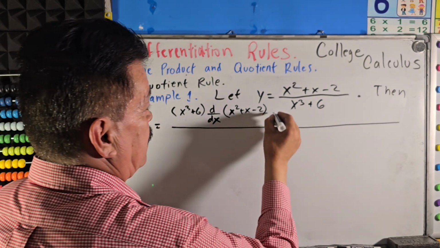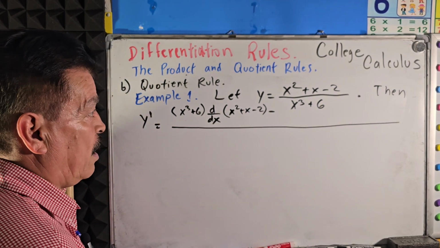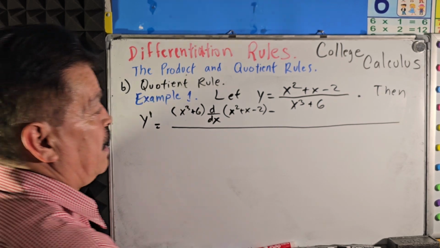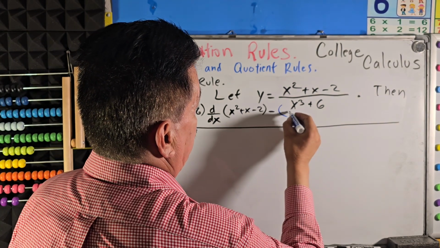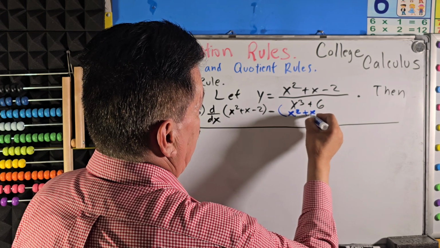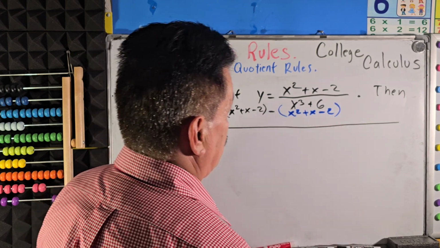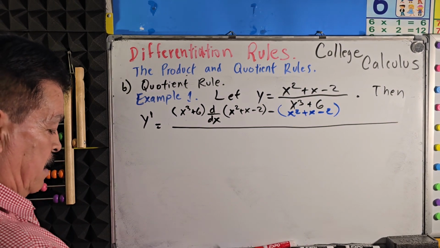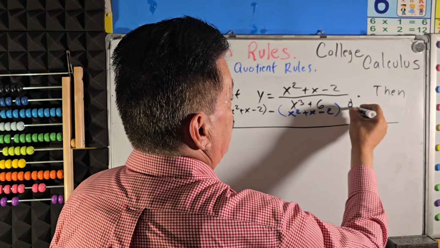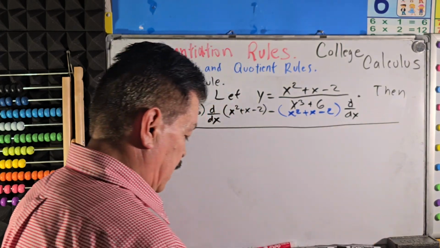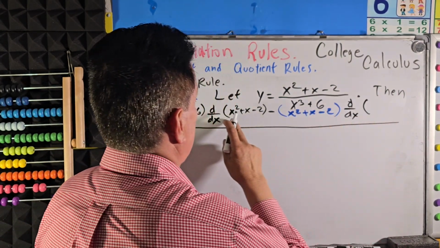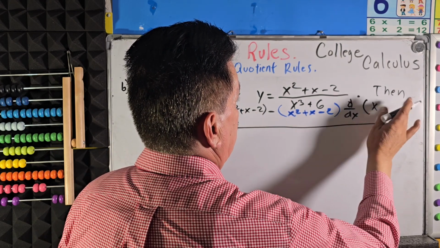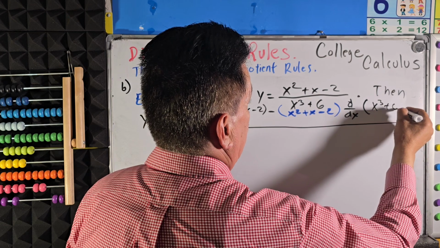Okay? Minus, I will use another color because it's very close over there. Minus, again, we have to write x to the second power plus x minus 2, right? Times d divided by dx of x to the third power plus 6.